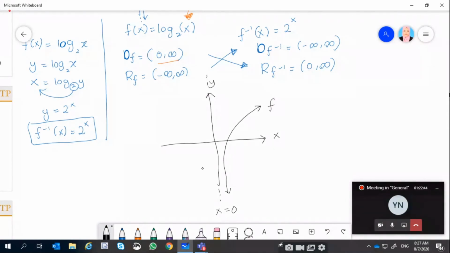And f inverse will reflect about the line, what do you call that line? y equals x, right? Yes. Okay, this is not good. It's supposed to be reflecting about y equals x.